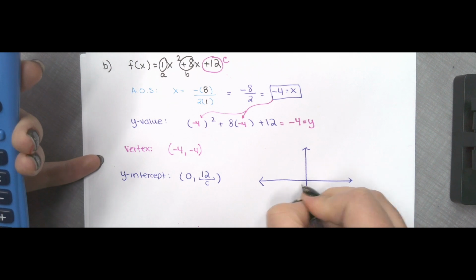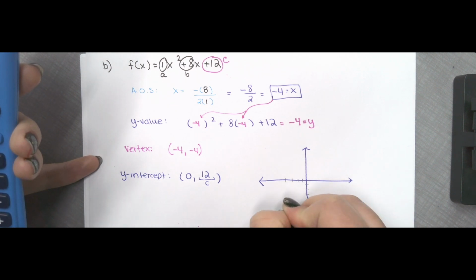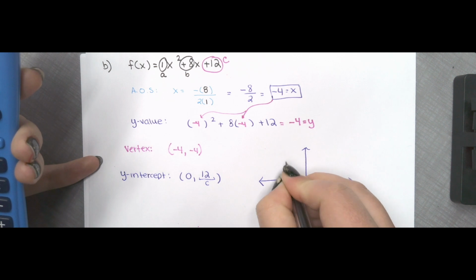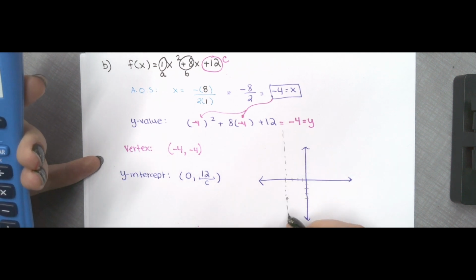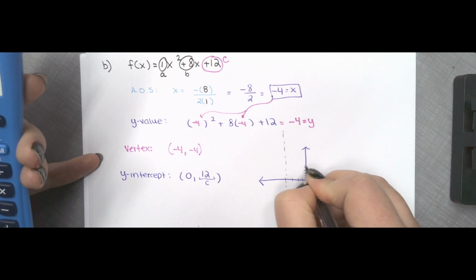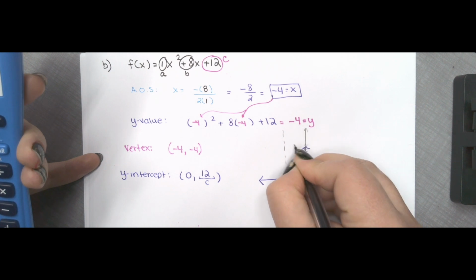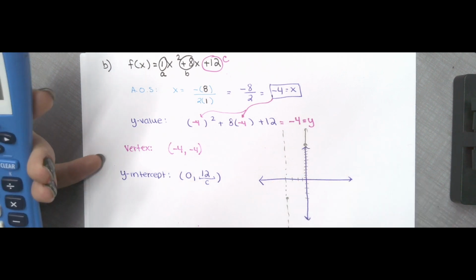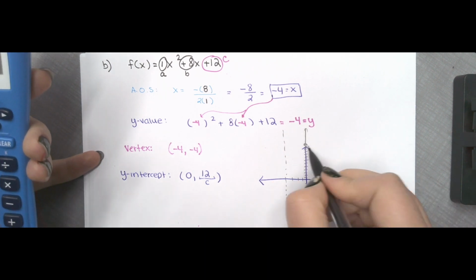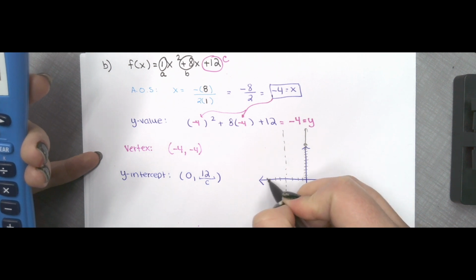We got a negative 4 and a negative 4. We got to do our axis of symmetry, so dotted line. And we got 0, positive 12 as our y-intercept. Jump it over, axis of symmetry. We got 1, 2, 3, 4. 1, 2, 3, 4.